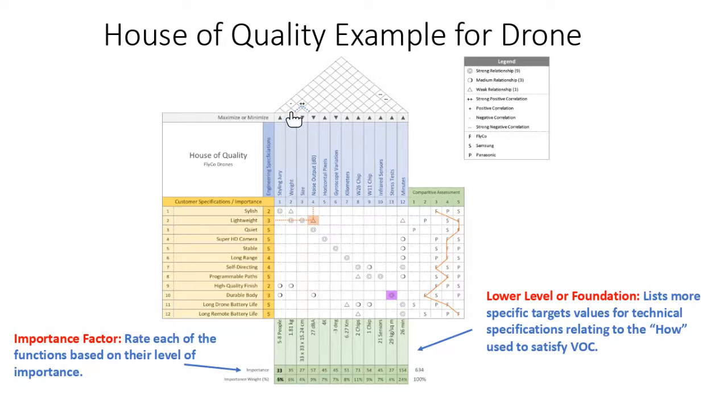You go to the weight, you follow the blue dots here until you get to the intersection here. There is a double plus. That means it's a strong relation, a strong positive relation. That means if this weight increases, there is another factor that will increase highly. What is the other factor? You go down again, follow this blue line here.